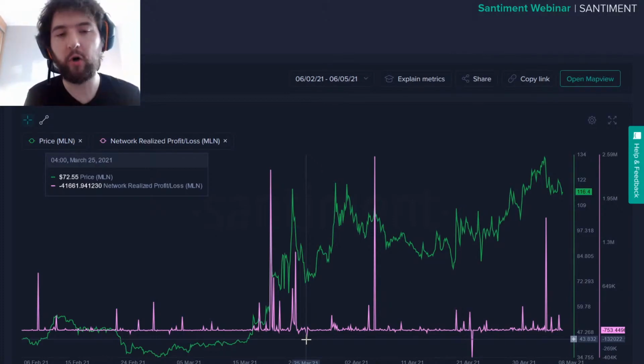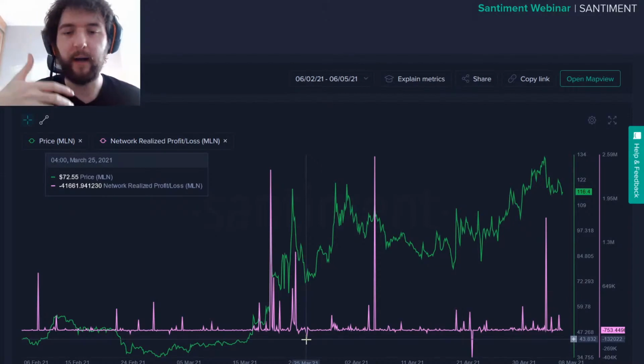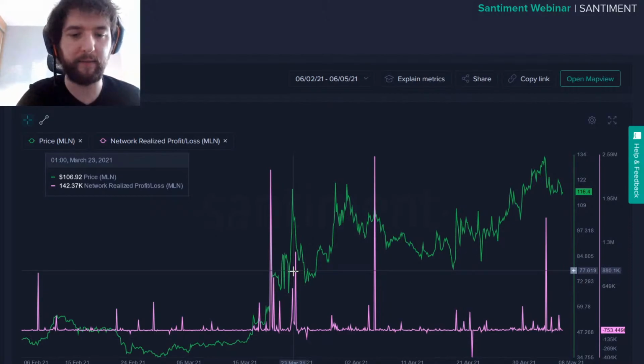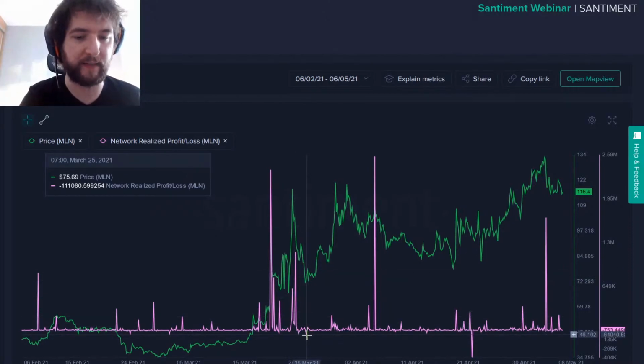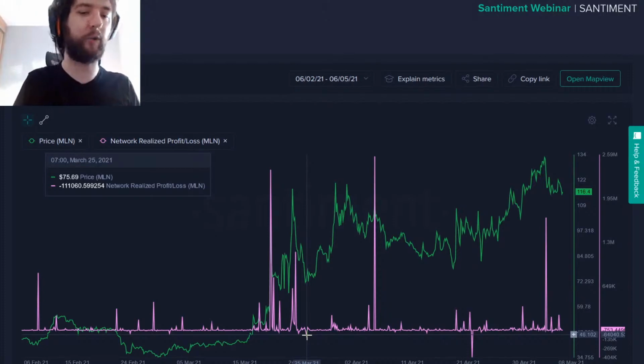The idea behind this metric is to figure out, on a network-wide level and on a daily basis, whether there are massive profit-taking activities or possibly capitulation events, where people are dumping their bags for much less than they acquired them for on average, suggesting that they are FUDding out of the coin.